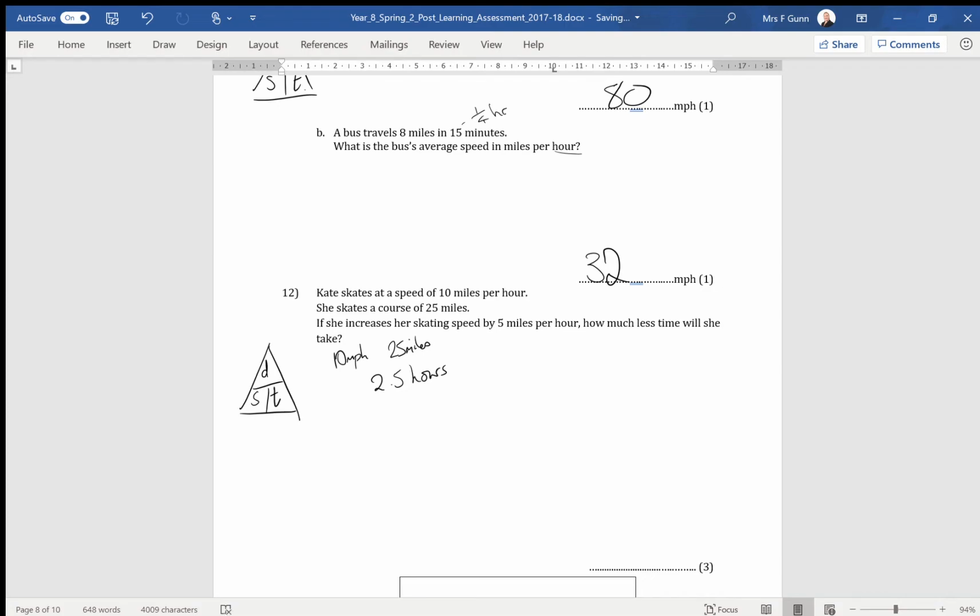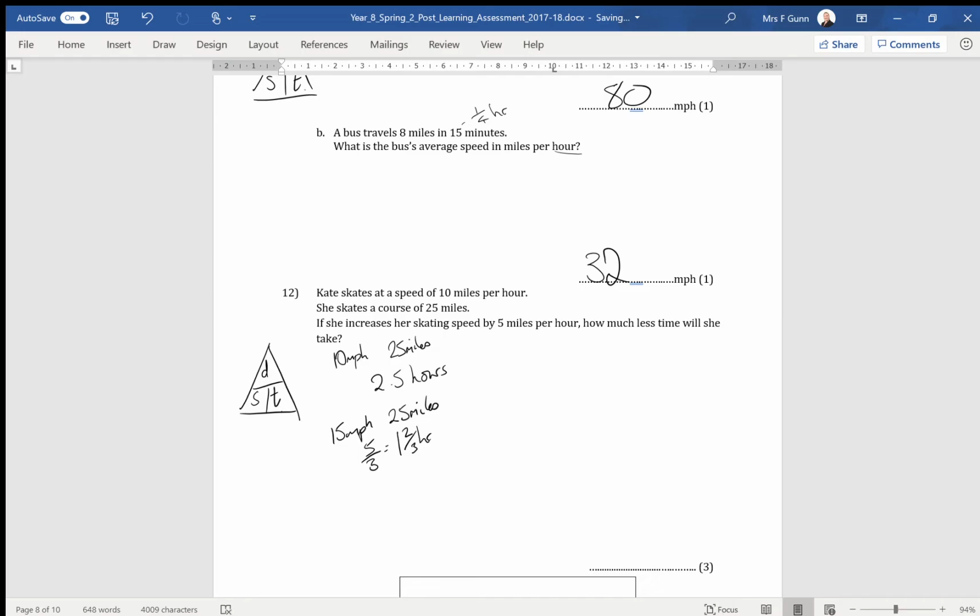If she increases her skating speed by 5 miles per hour, so now she's going 15 miles per hour, still for 25 miles. So I want to know my time, so I do the distance divided by the speed, 25 divided by 15, is 5 over 3, which is 1 and 2/3 of an hour.